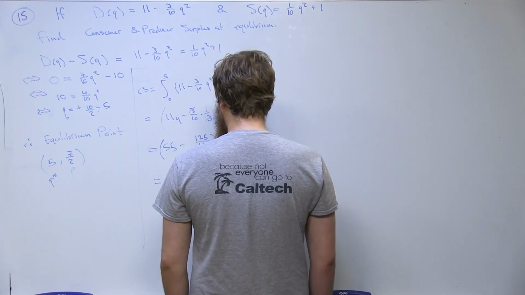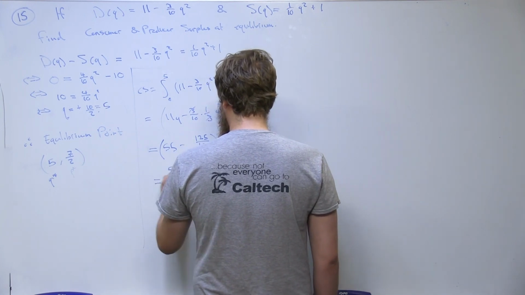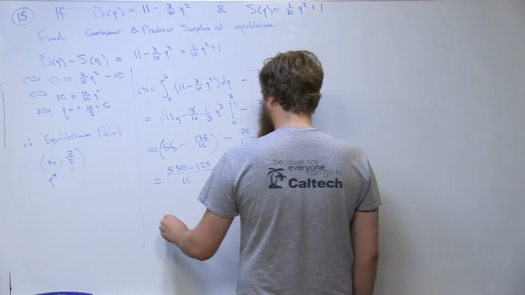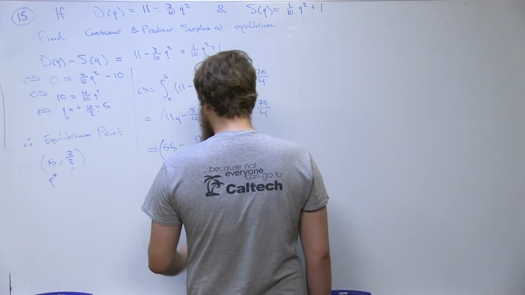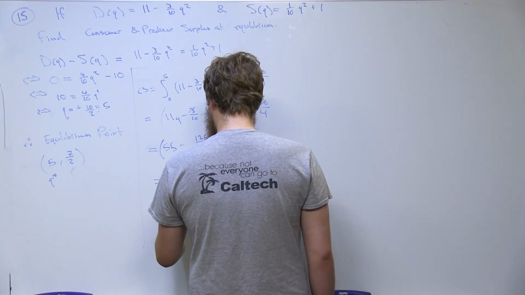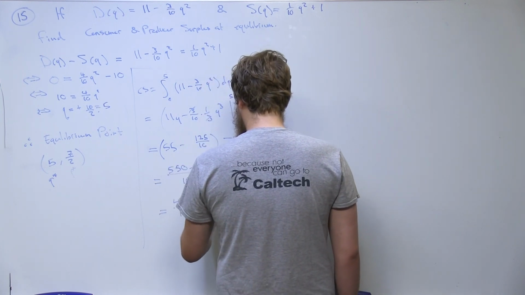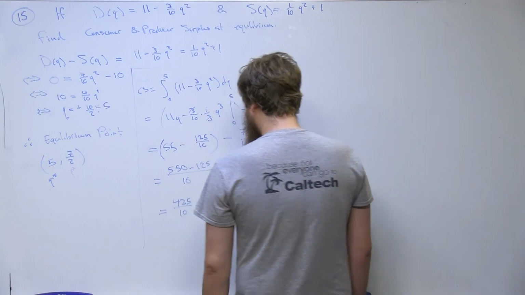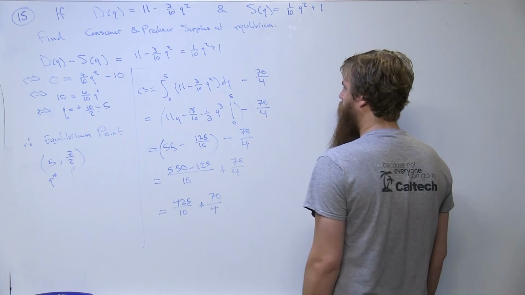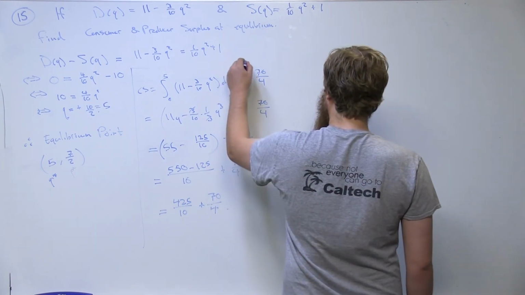So this is 550 minus 125 divided by 10 plus 70 over 4. So that's 425 over 10 plus 70 over 4. And you can write those with a common denominator if you like. I don't particularly care to. That's your answer.